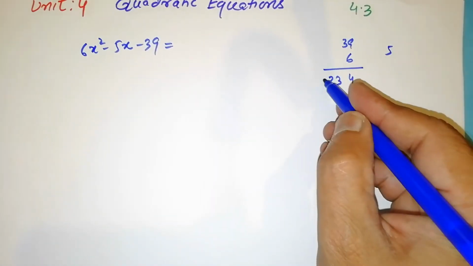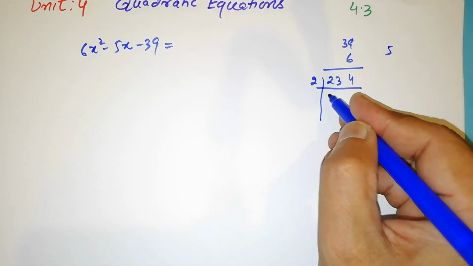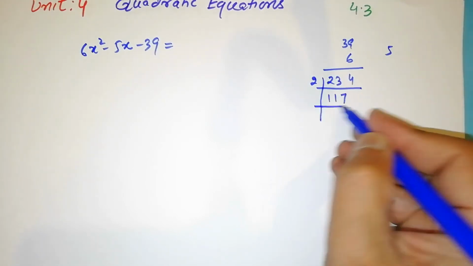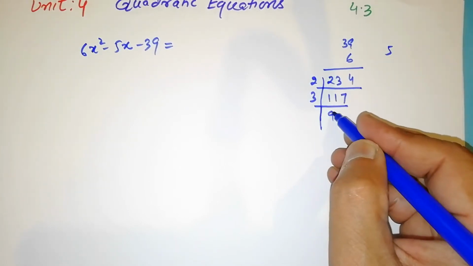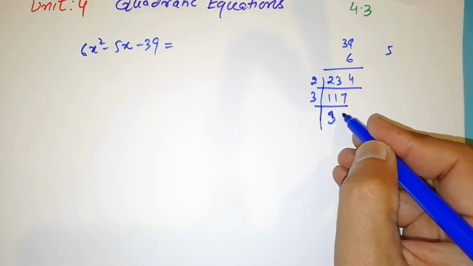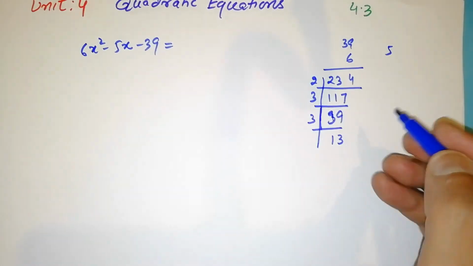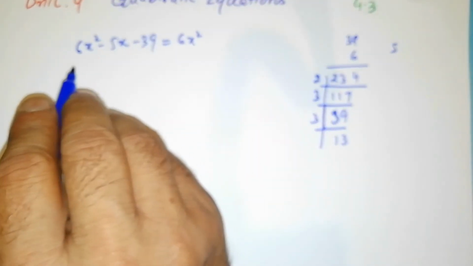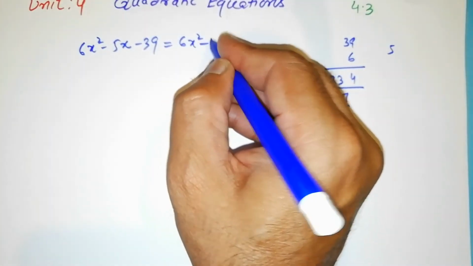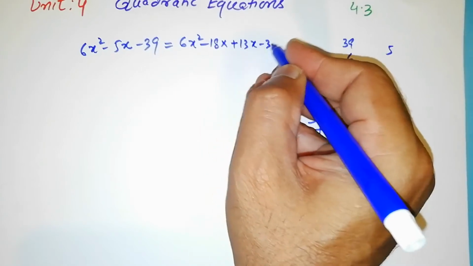Now we want to factorize this one. So 2, 2, 7, 3, and 3 into 13. So we have 6x square minus 18x plus 13x minus 39.